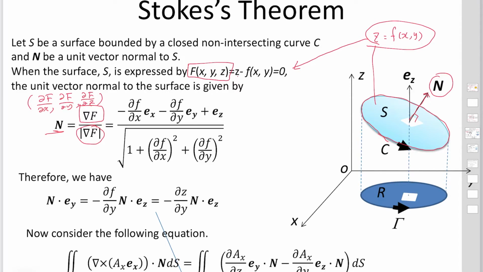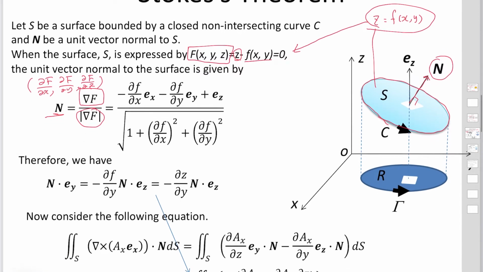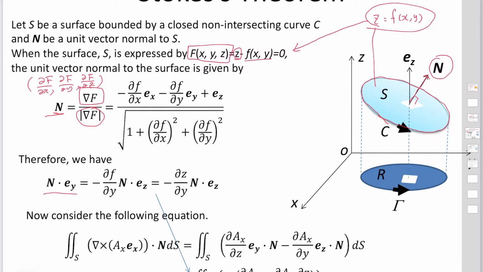This expression is expressed as minus ∂f/∂x, the x component, minus ∂f/∂y, the y component, plus, so this becomes just 1, the derivative of z with respect to z is 1, so e sub z, and then divided by the magnitude. This is a unit vector n. Therefore, we have n dot dy. This is a scalar product.